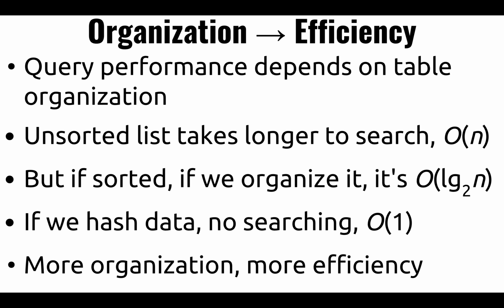If you want to search it by last name, I'm going to index it by last name. If you want to search it by phone number, I'm going to index it by phone. So you can have multiple indices on the same table, depending on how you want to retrieve the data. And how is it that you want to retrieve the data? Well, that's based on your select statements.